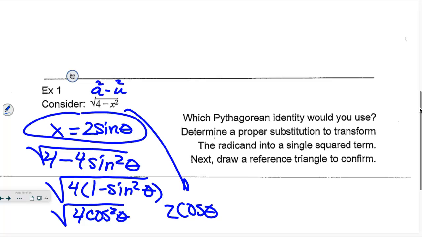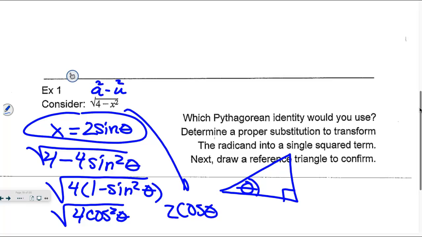Draw a right triangle, because we're going to be drawing lots of what we call reference triangles. The theta in this problem is always the angle. If my x was 2 sine theta, wouldn't sine theta have been x over 2? Right? And isn't sine from geometry opposite over hypotenuse?